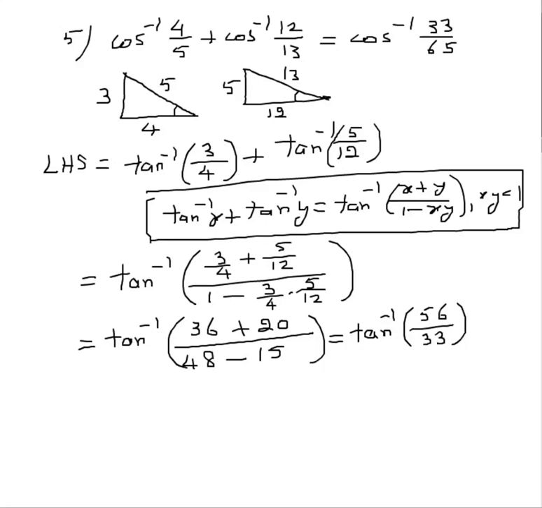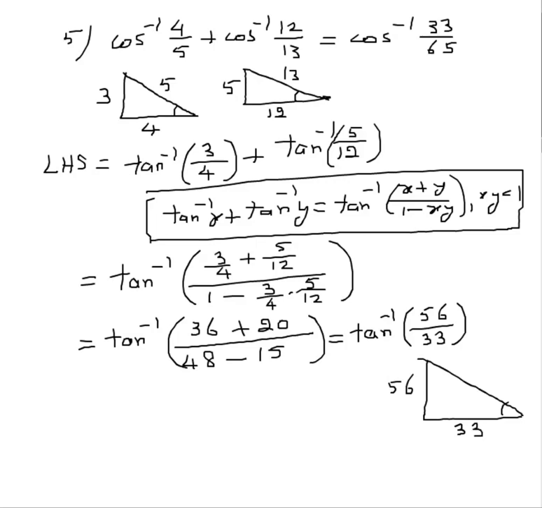But the required answer is cos inverse of 33 by 65. So let us change our answer in terms of cos inverse. Again triangle method. Acute angle again, first quadrant angle because the value is positive. Tan is opposite by adjacent.